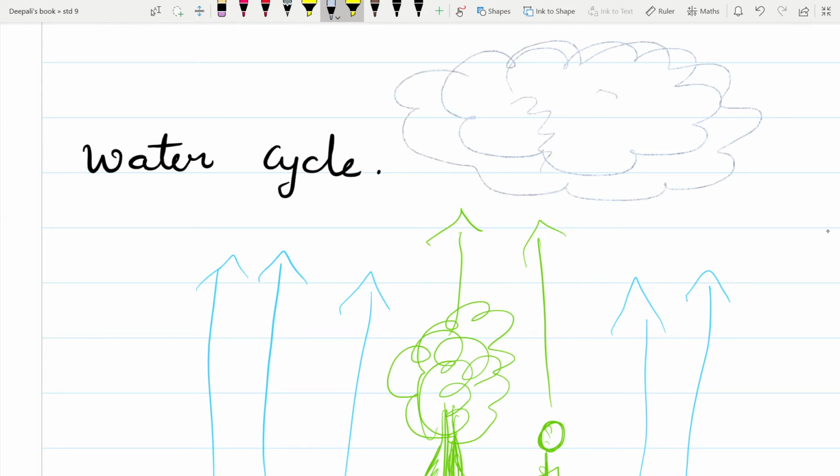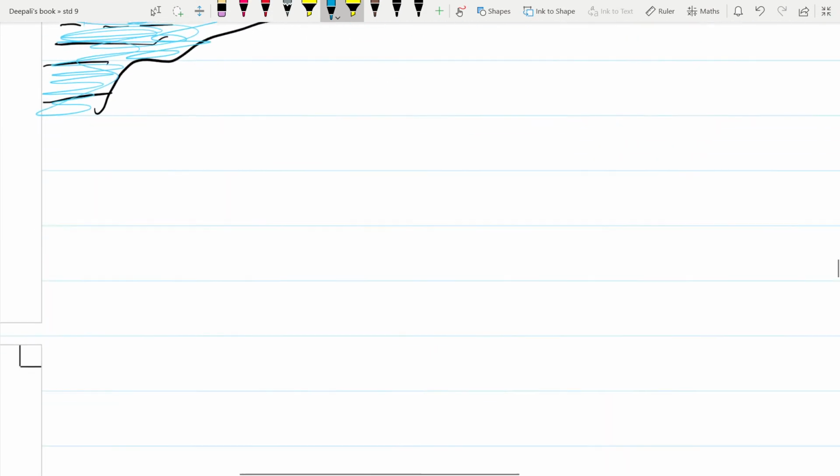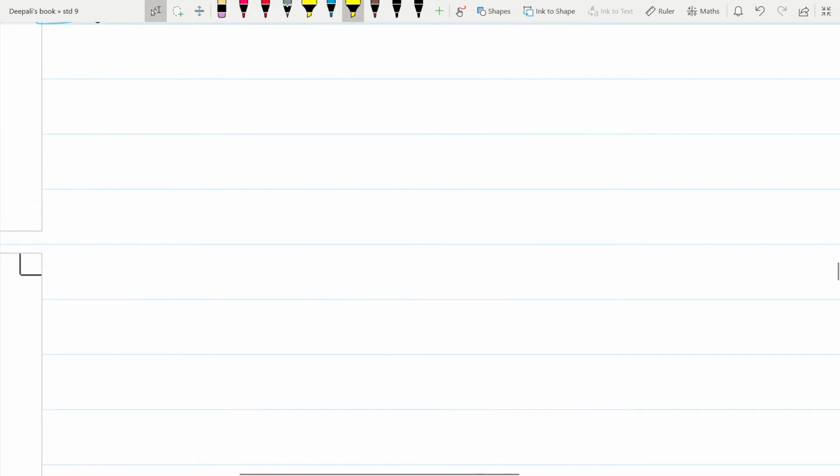Now this water which is in the form of clouds will again drop back onto the earth in the biosphere in the form of rain. So, very simply, you can understand how the water moved from one sphere to the other sphere.